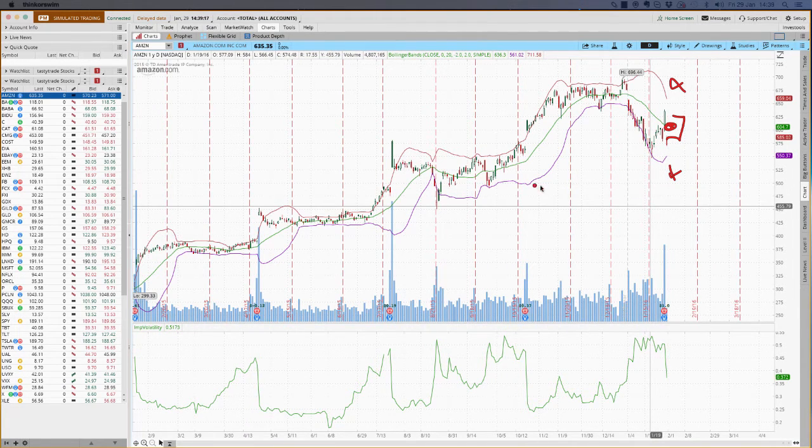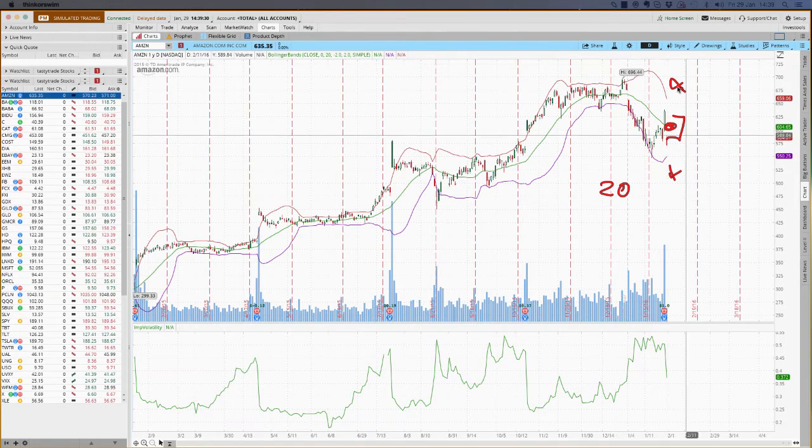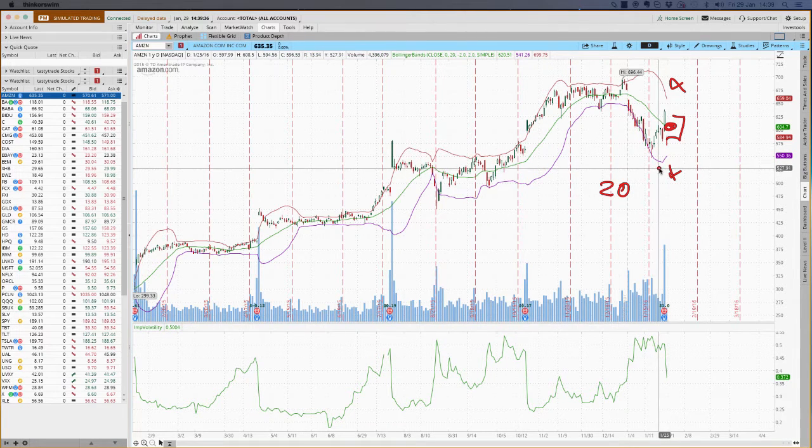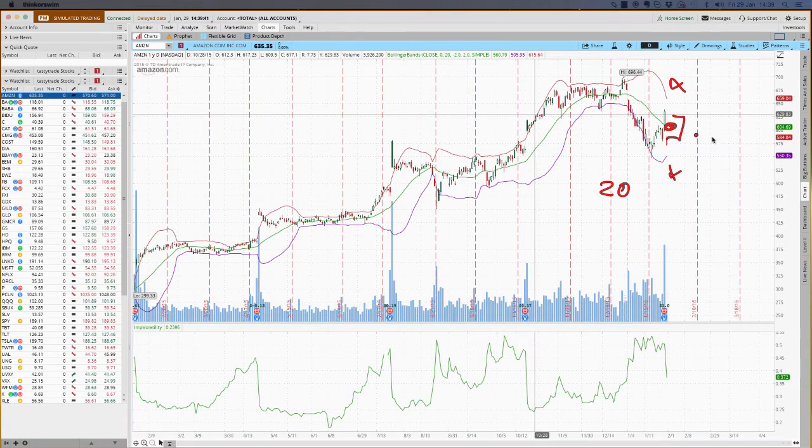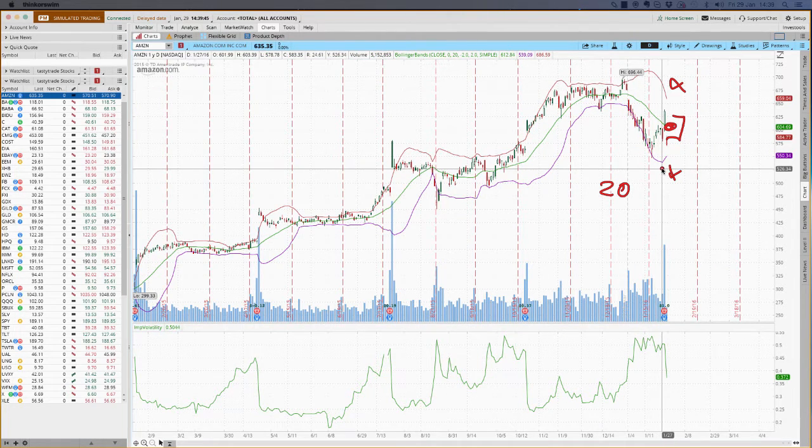So essentially this upper and lower band represents historical volatility over the last 20 days. And it shows that upper and lower volatility at two standard deviations. And what that essentially means is that the majority of the price activity is typically contained between this upper band and the lower band.